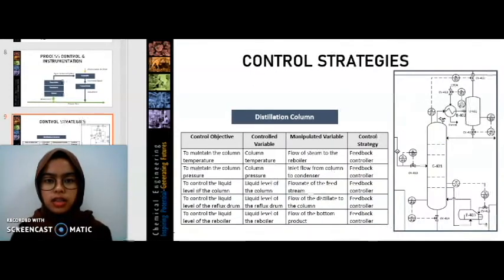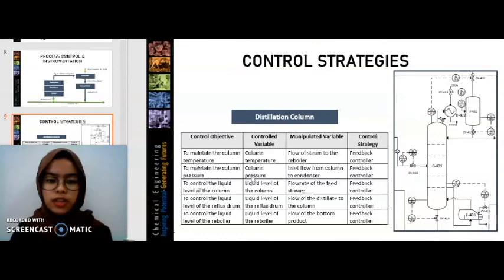Okay. Here are the control strategies for the plant. This is for the distillation column. Mostly we use feedback controllers. The distillation column is used to separate a mixture of solutions with different boiling points. In our offshore LNG plant, the distillation column is used in the fractionation process for extraction of methane, ethane, and propane. Let's look at the first one.